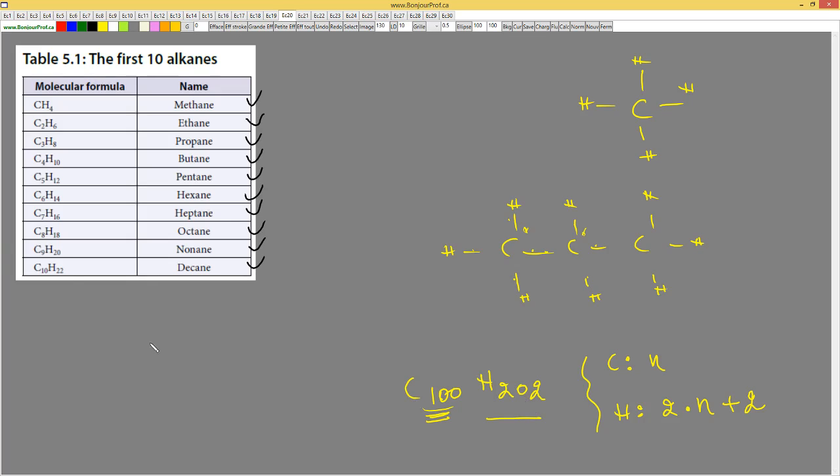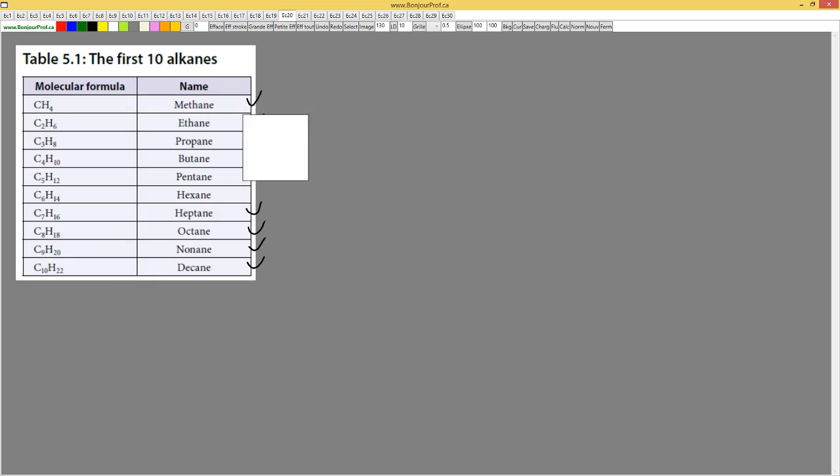If I have, for example, 9 carbons, 9 times 2 is 18, plus 2 is 20. So it will be H20. This is what we have here. So this formula is for alkanes. If we know how many carbons I have, I can know how many hydrogens I need so that the carbon will be happy.